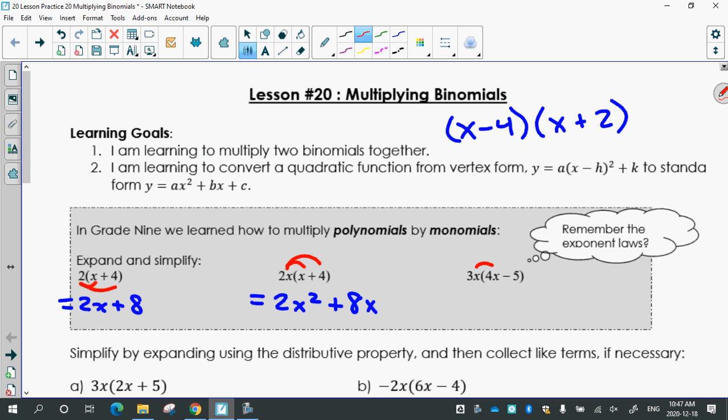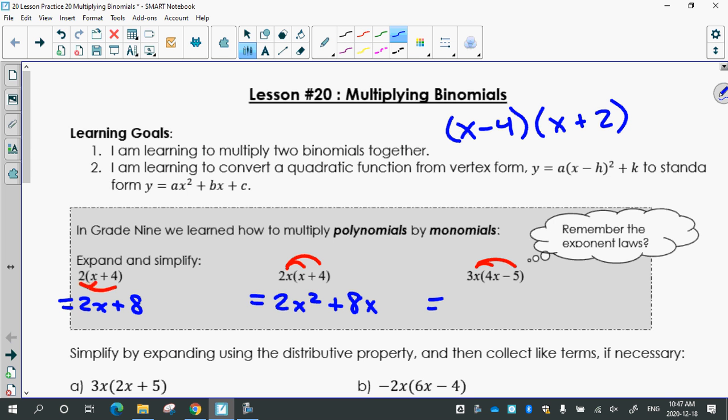So try this one. What do we think if you use a distributive property there? What would you get? Too easy or too hard?